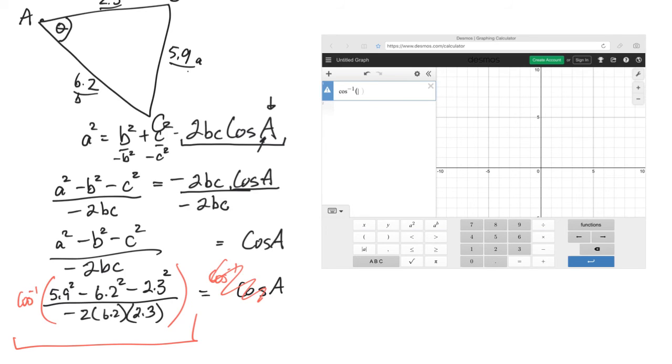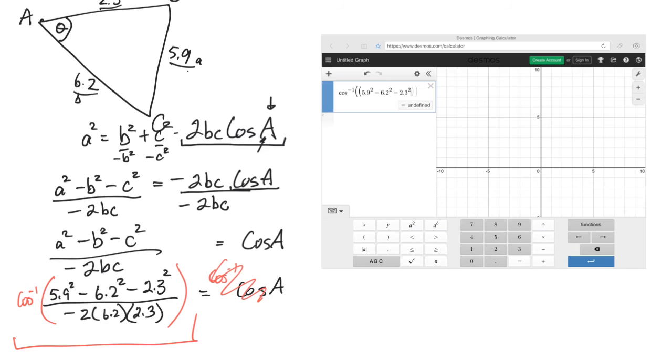5.9 squared. Now let me put a bracket to indicate I'm in my numerator. So I've got 5.9 squared, minus 6.2 squared, minus 2.3 squared.